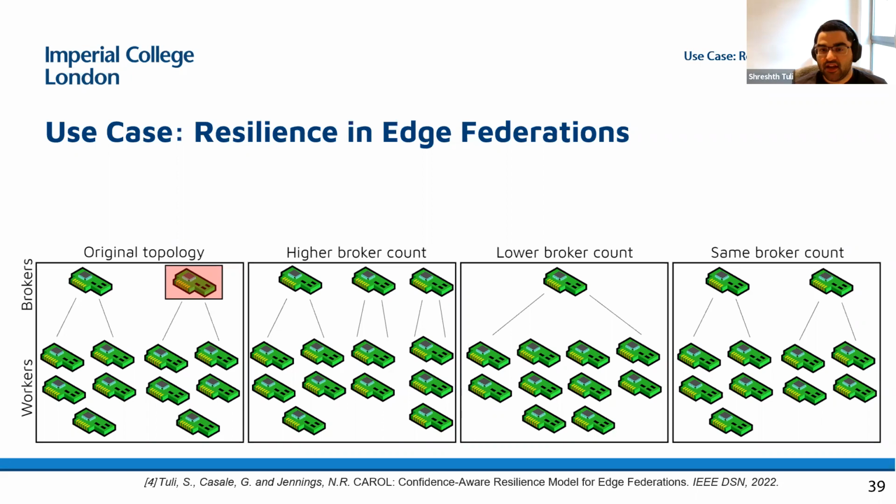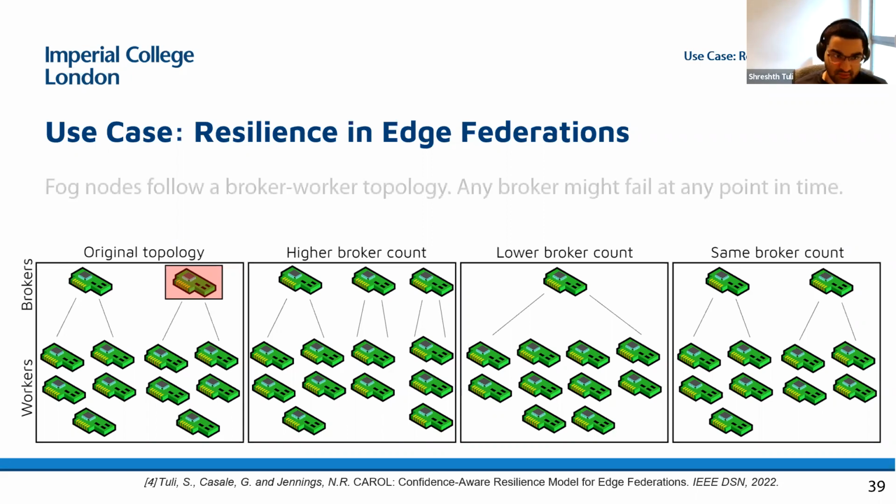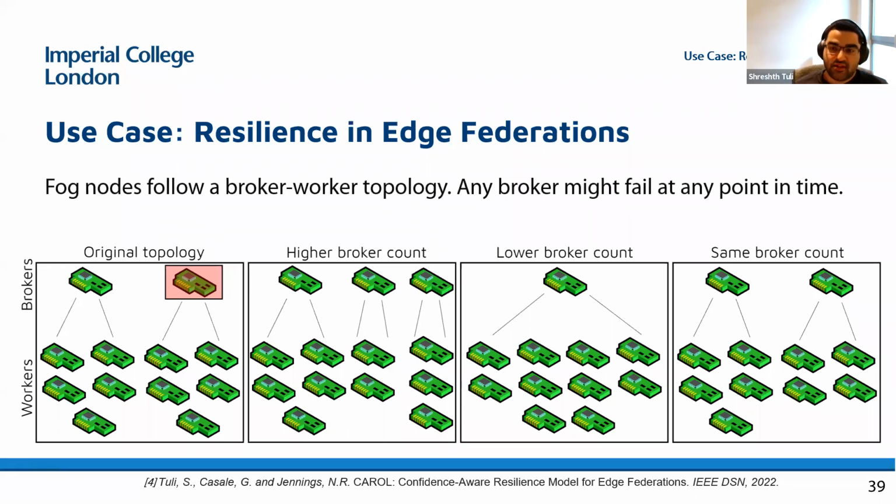How do you reactively make sure that even if there is, say, a contention, even if there are contention related failures, either a fog broker or a fog worker fails, what happens then? How do you make sure that it does not affect the service? It does not lead to very high service downtimes, and we maintain the quality of service that we want to achieve.